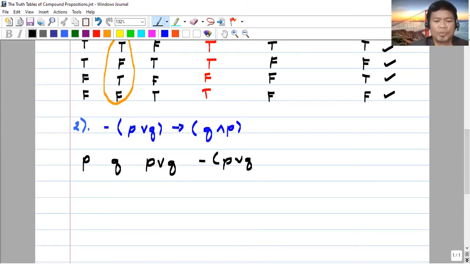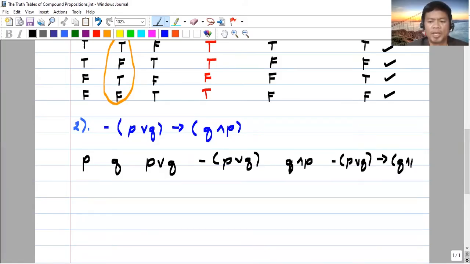And next would be the value of Q and P so that we have in the final the negation of P or Q implies Q and P. Okay, so those are the different parts in that given compound proposition. We have shown it step by step so that you can understand it thoroughly.